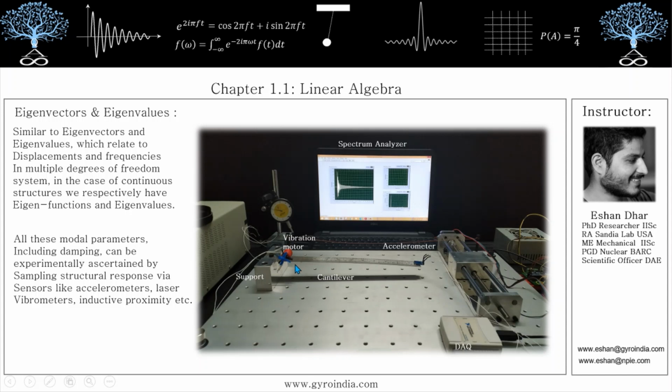One such continuous system is shown in this experimental setup, which will be used later on in this lecture series to find out the modal parameters of this cantilever beam. All these modal parameters, including damping, can be experimentally ascertained by sampling structural response via sensors like accelerometers, laser vibrometers, and inductive proximity sensors.